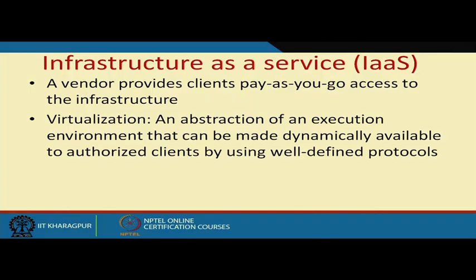Now, the vendor provides, and the amount of resource you consume depends on the kind of application you are running right now. And as you add more resources and keep using them, depending on your usage, you pay.